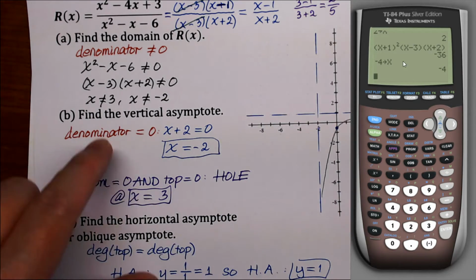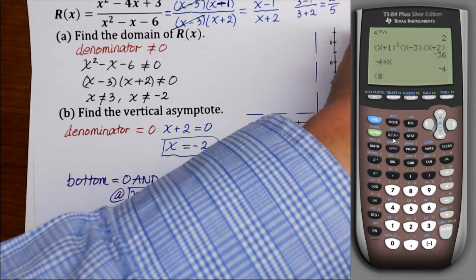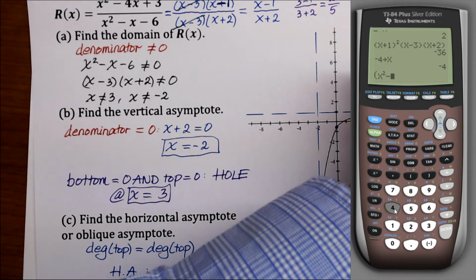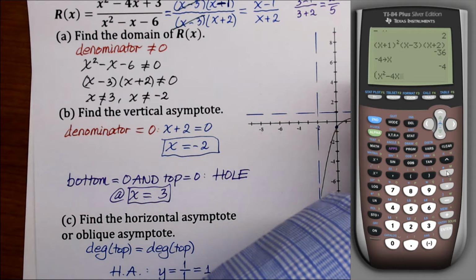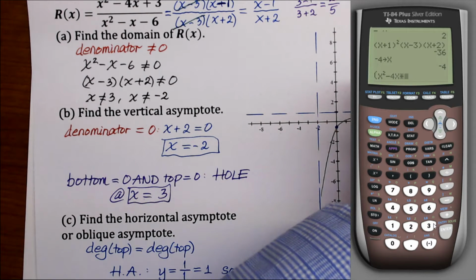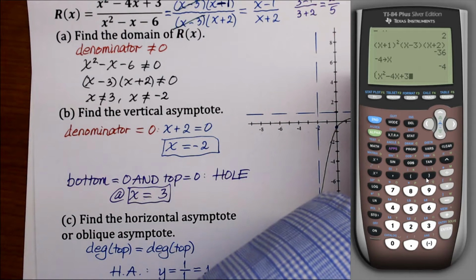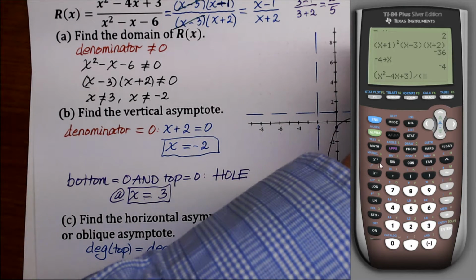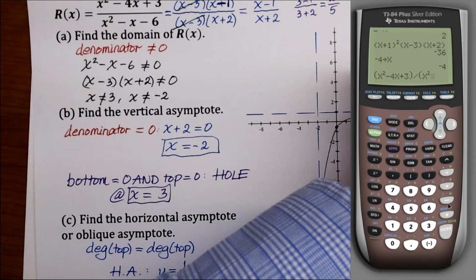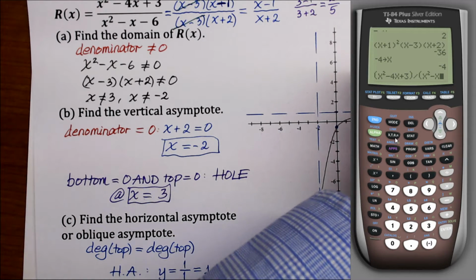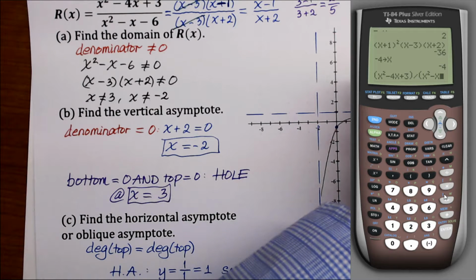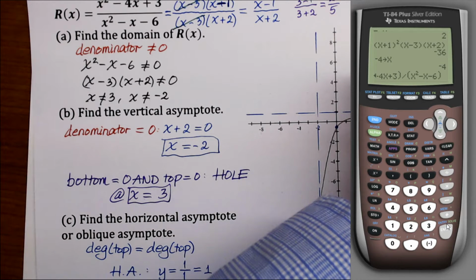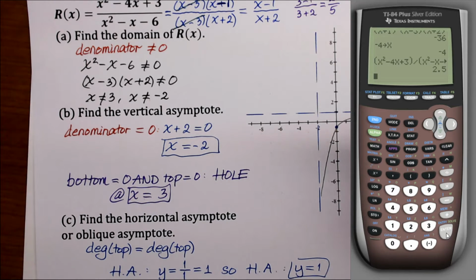And then we enter this function, x squared minus 4x plus 3, divided by x squared minus x minus 6, and that gives us 2.5.